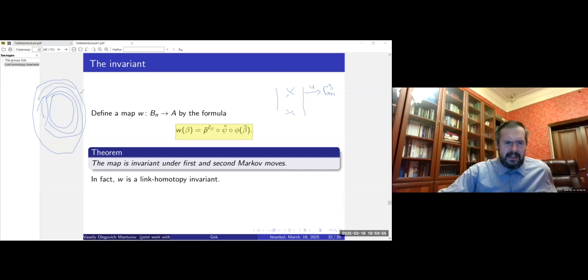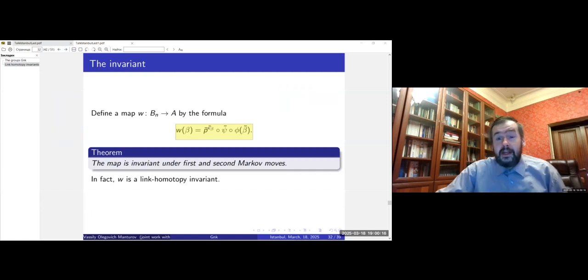Excuse me, to conjugacy classes of GN3. And the same about GN4. And since these groups are good enough, and there are maps to free products of Z2s, we will get lots of nice invariants. But the second Markov move spoils the situation. So actually, here we choose different components, and that's where we get a conjugation from the first Markov move.